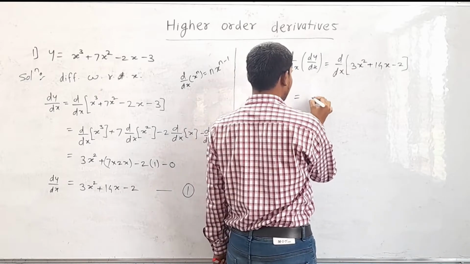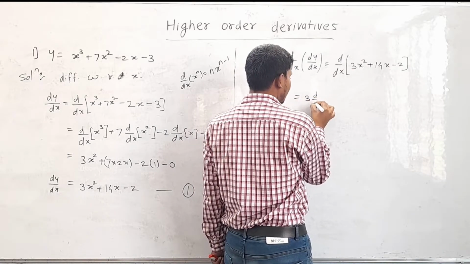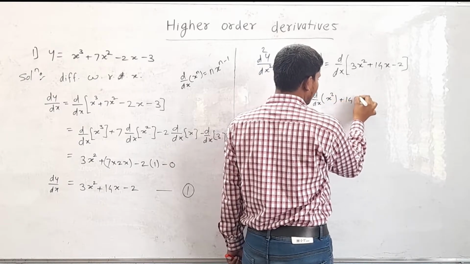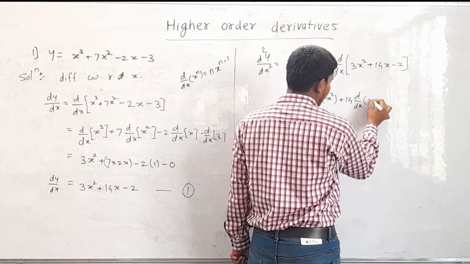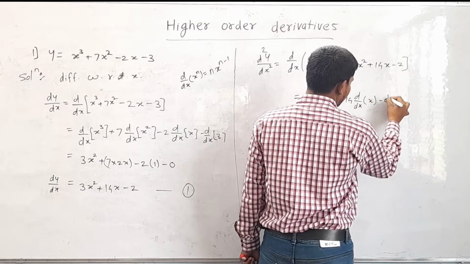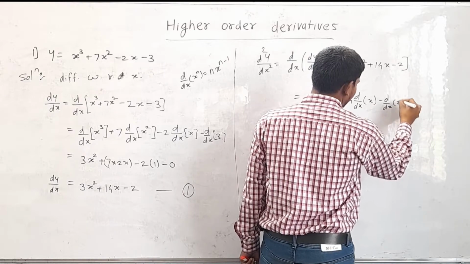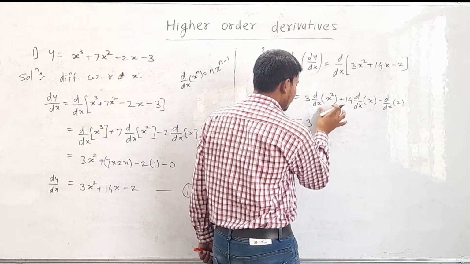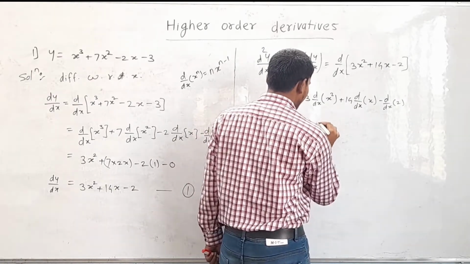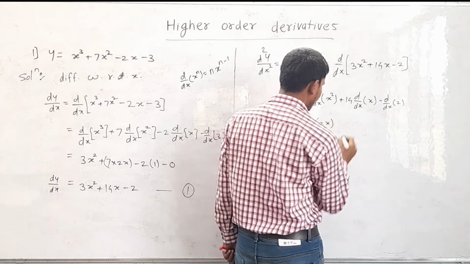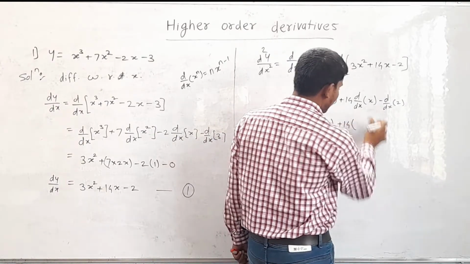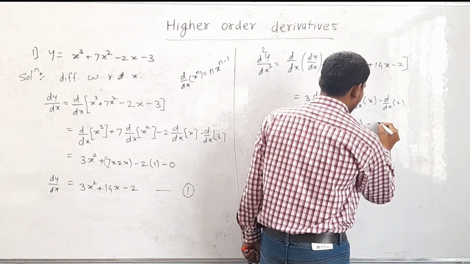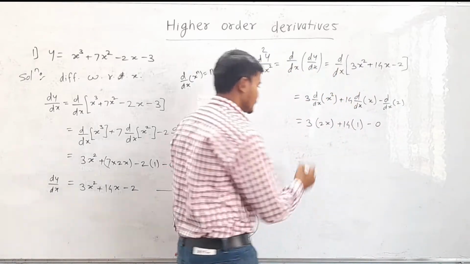On solving this, we get 3 dy dx of x square plus 14 dy dx of x minus dy dx of 2. Here 3 and derivative of x square is 2x plus 14 derivative of x is 1 minus 2 derivative of 2 is 0 because 2 is constant.